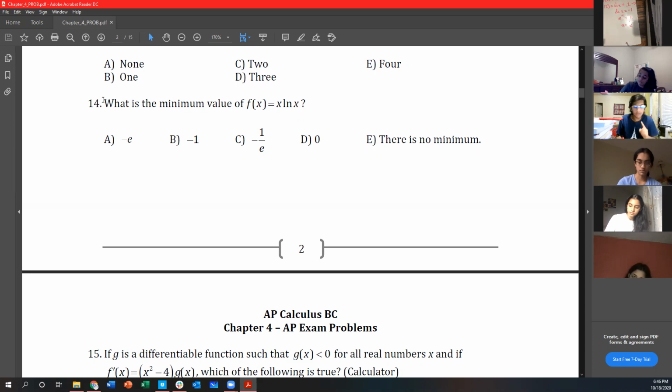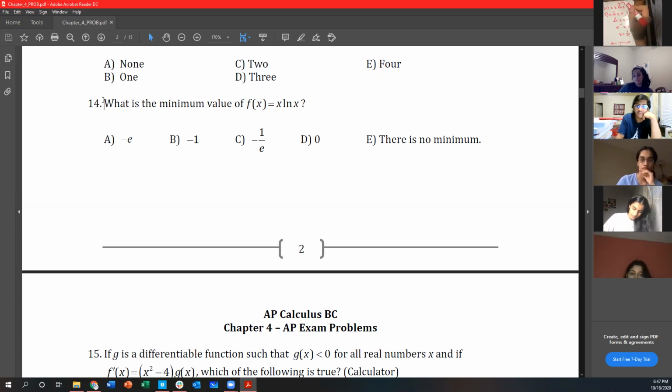But do not be fooled, this is not the minimum value. This is the x value at which we have a possible critical point. Now, I draw myself my little number line, and I know 1 over e is the critical point. Now, I also know, simply by the function ln x, what is the domain of this function? Can x equal 0?